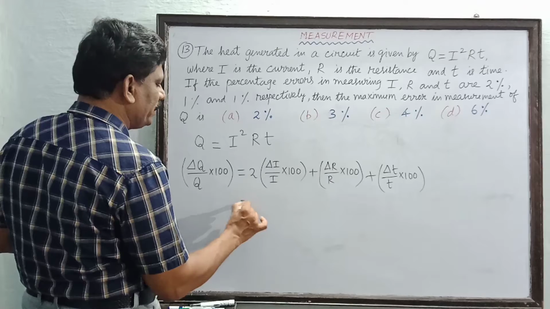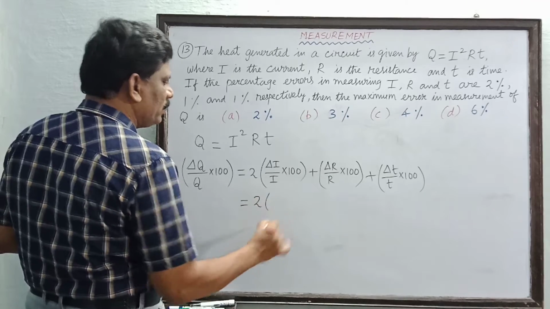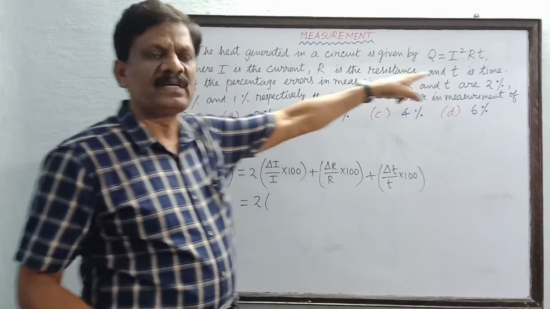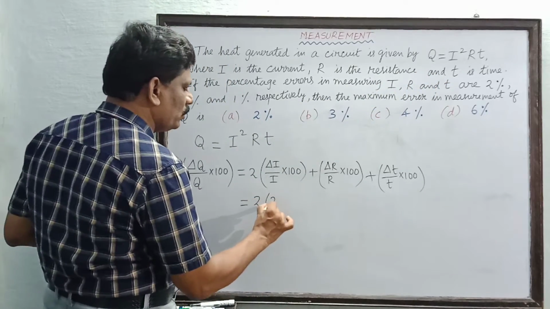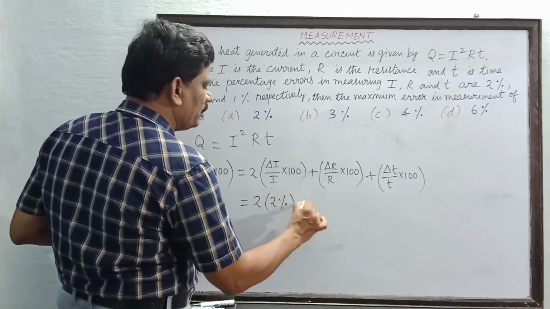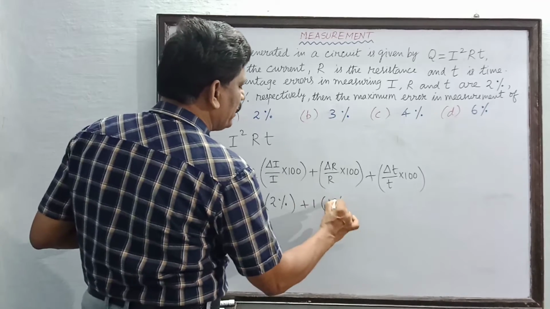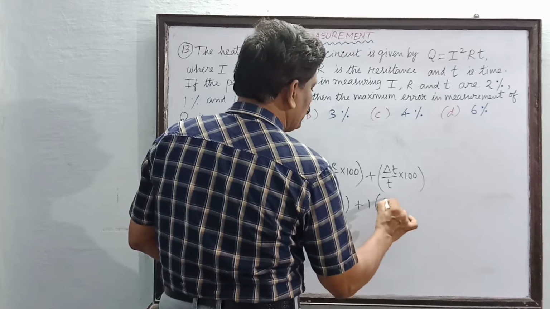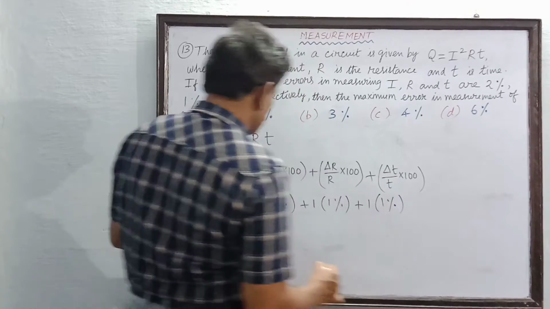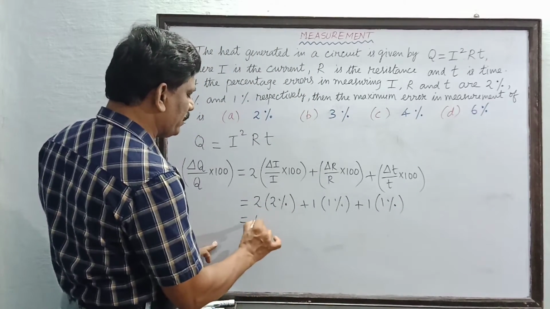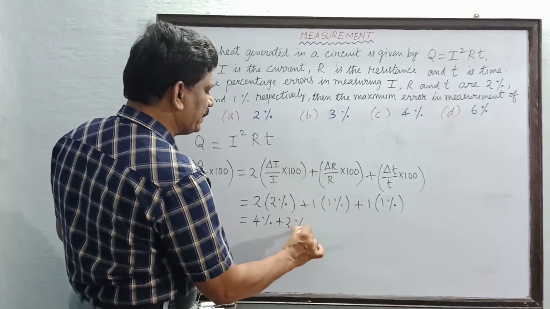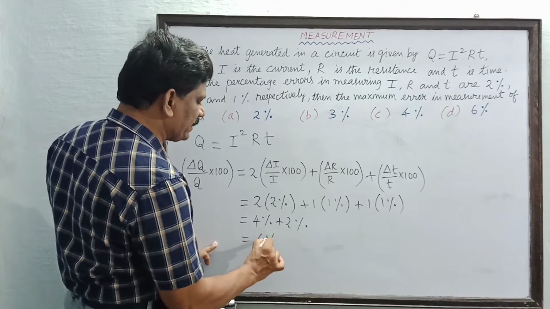So this is now equal to 2 into the percentage error in the current. Percentage error in the current is 2%. So this is 2 into 2%, plus 1 into 1%, plus this also is 1 into 1%. So this is equal to 2 into 2 is what? 4% plus 1 plus 1 is 2%. So the answer is 6%.